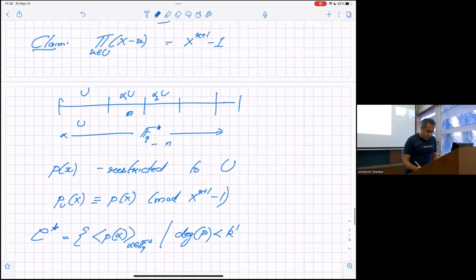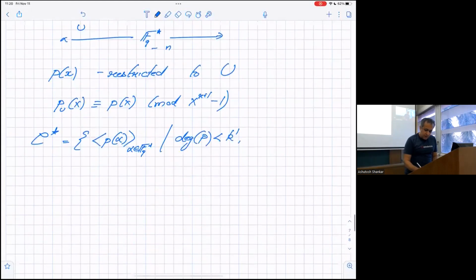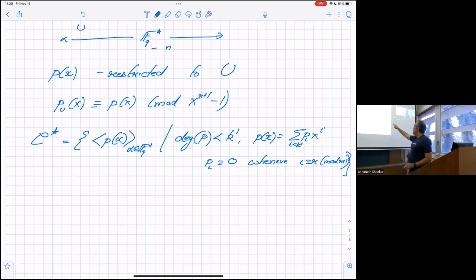Furthermore, I want this property: if I write P(X) as the summation of P_i X^i for i less than K′, I want P_i to be 0 whenever i is congruent to R mod R+2. These are the ones that contribute.